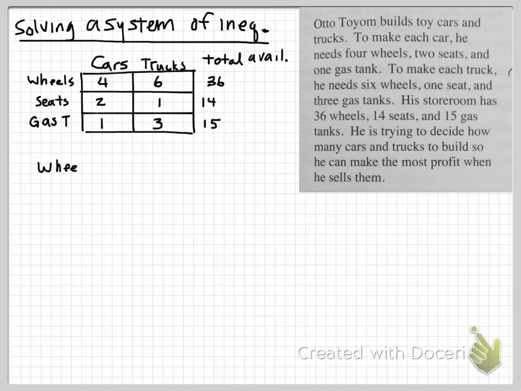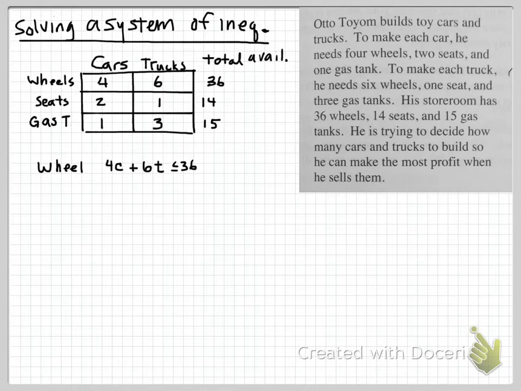So now I'm going to make essentially 3 equations, or inequalities actually. The first inequality is wheels. He can make any number of cars and trucks so long as it meets the wheel requirements for cars and trucks, and so long as those don't surpass 36 wheels, because that's all the wheels he has.